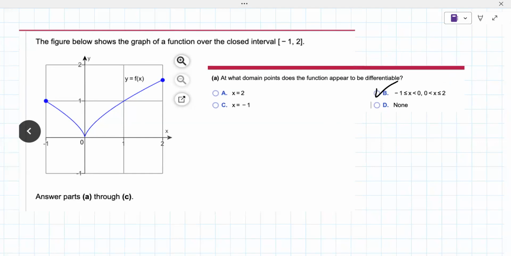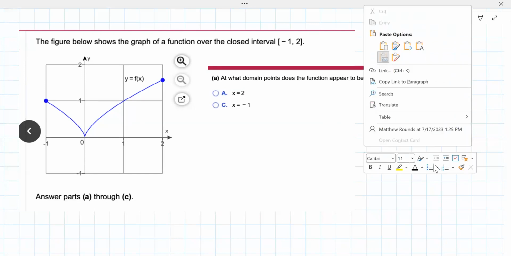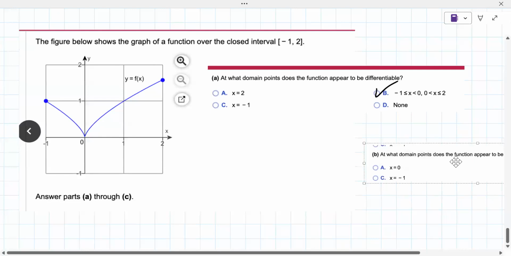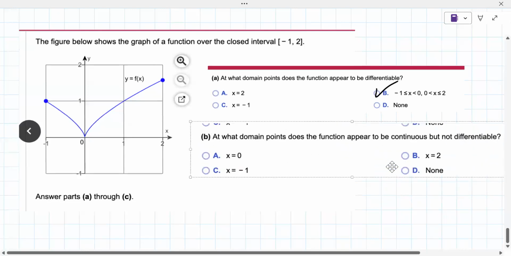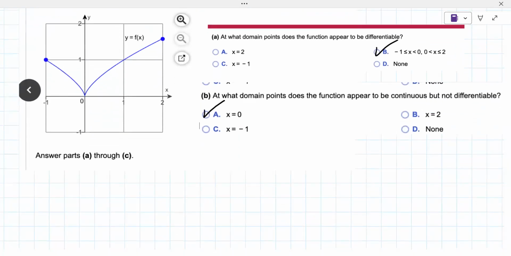Then this next one is the one we've been answering over and over again. It says, at which point does it appear to be not differentiable? 0. And then the last question we've kind of already answered.